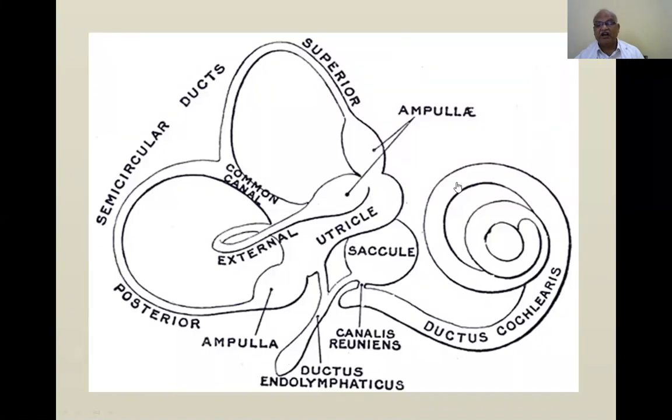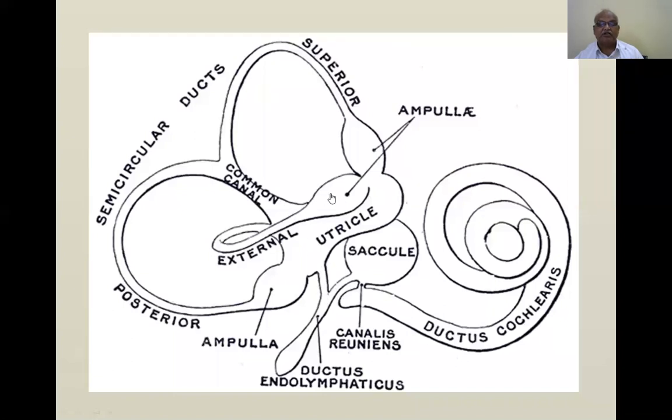Now the ductus cochlearis: inside the bony cochlea is the ductus cochlearis, which connects to the saccule of the vestibule by means of the canalis reuniens. Now this is again a communication between the saccule and the utricle.